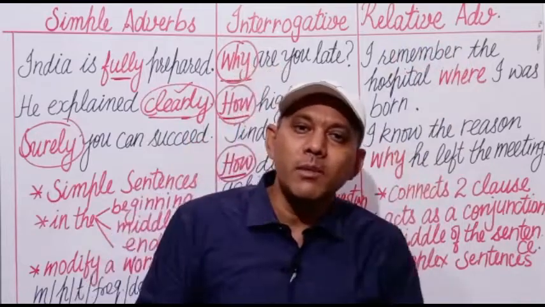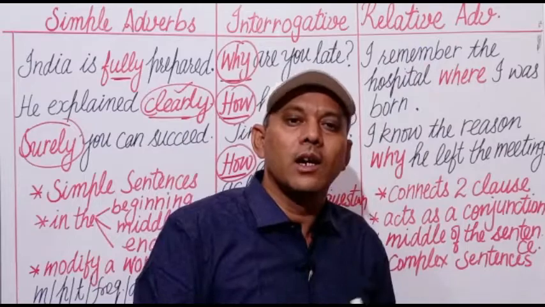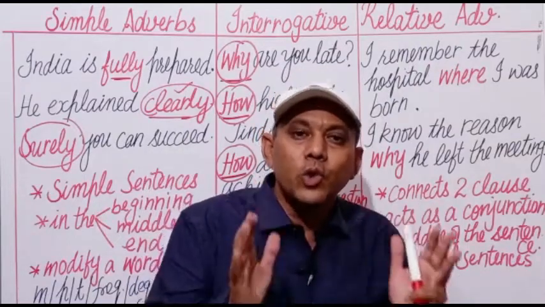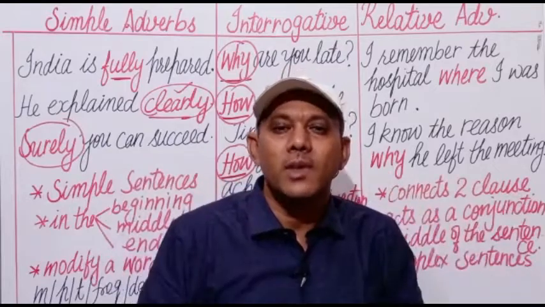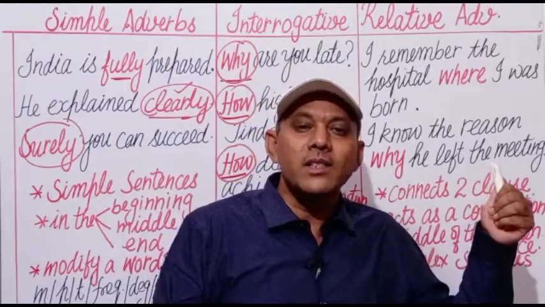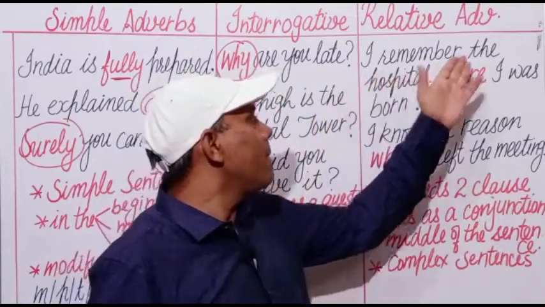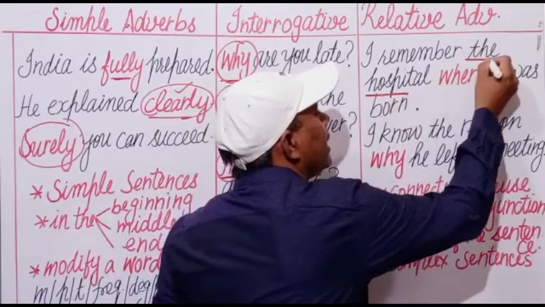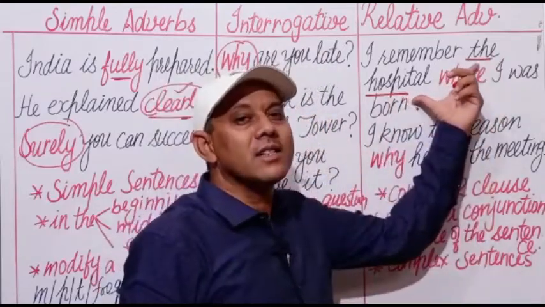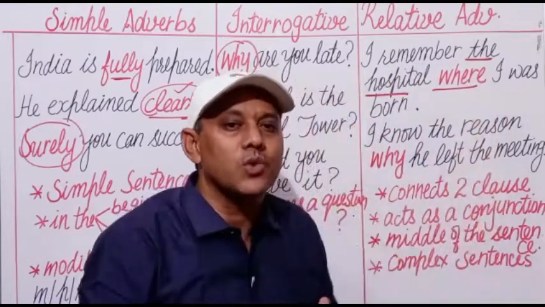A relative adverb not only modifies a word in a sentence, but is also used as a conjunction to join two clauses, and it refers back to the noun. For example, I remember the hospital. Here the hospital is the antecedent for which this adverb where is used.